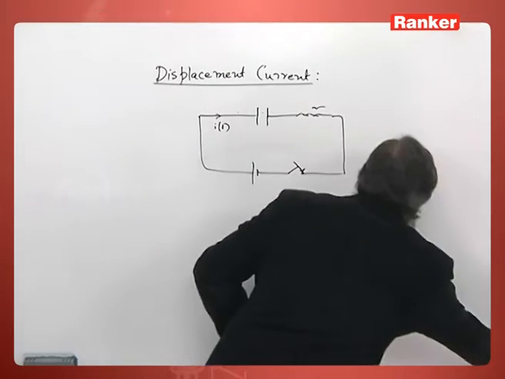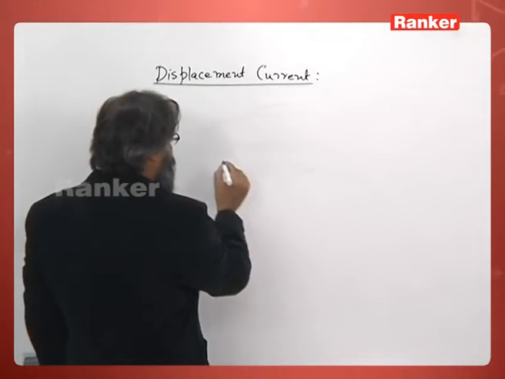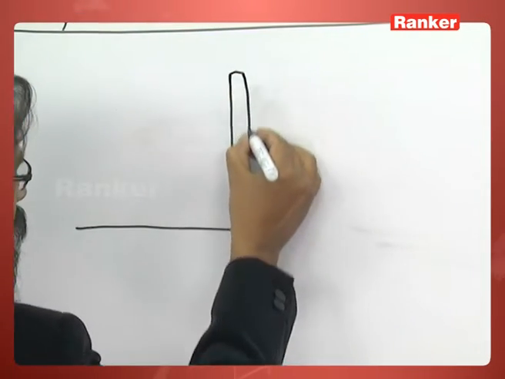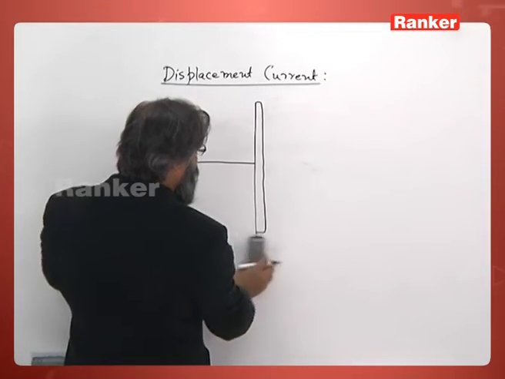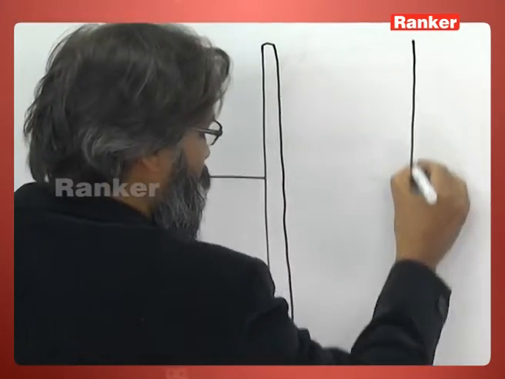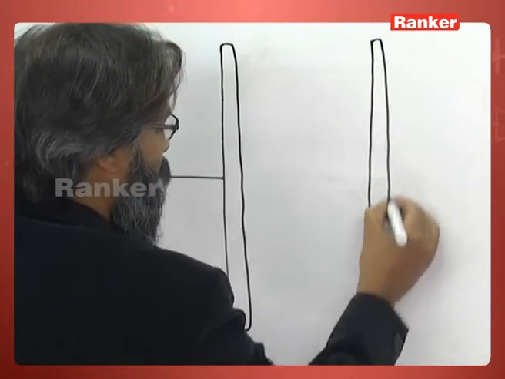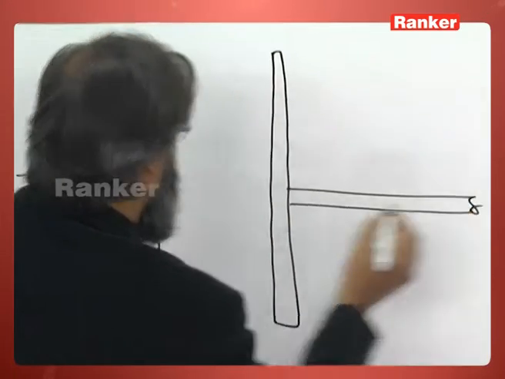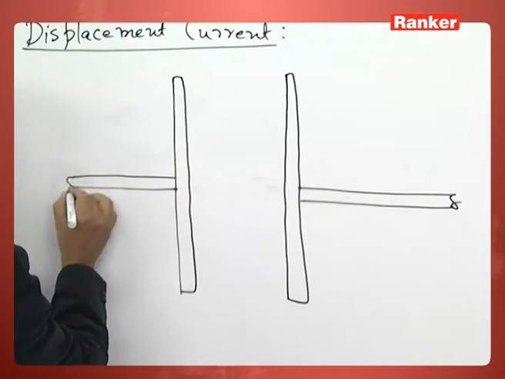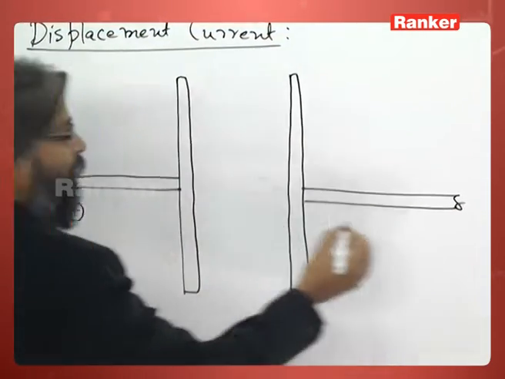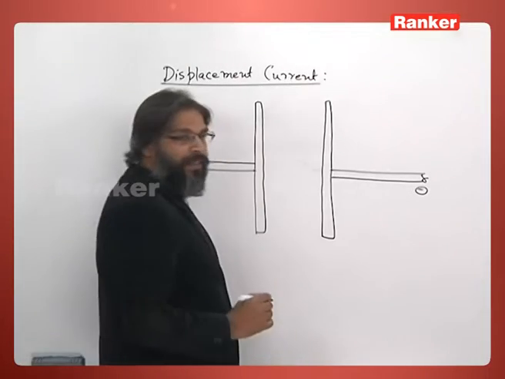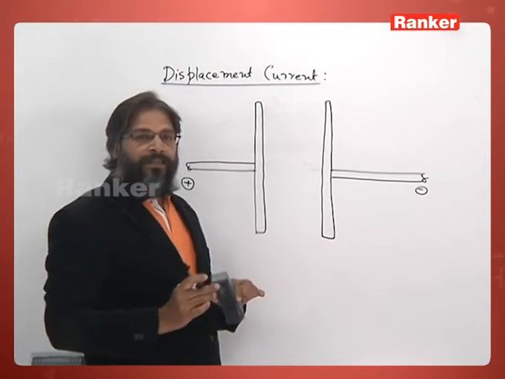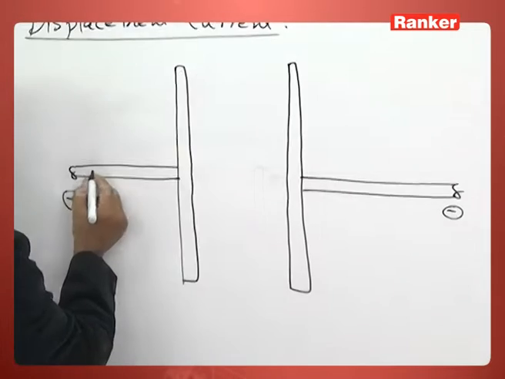So let us see, suppose this is my capacitor. These are my capacitor plates. This is the positive plate of the capacitor and this is the negative plate. The capacitor is in the process of charging.